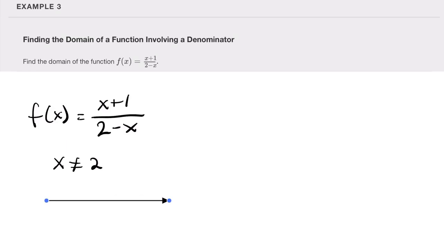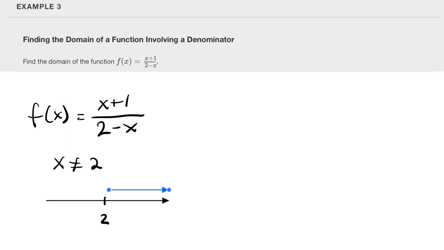It would look something like this. So say here's our 2. If we want everything except 2, we want all the numbers to the right of 2. In addition, we want all the numbers to the left of 2.